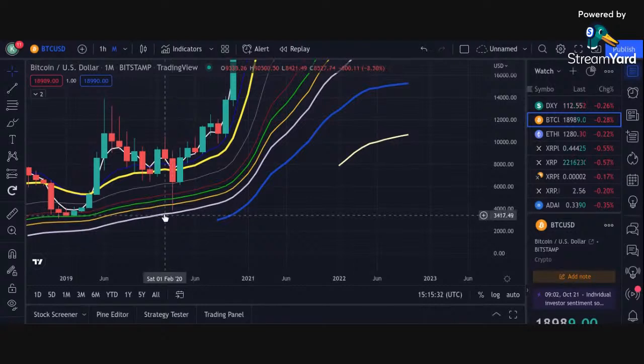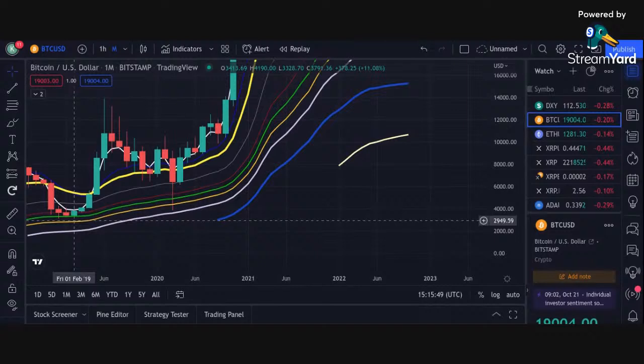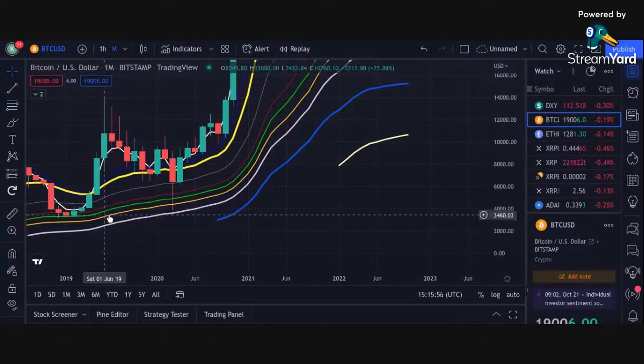This EMA was your historical support. It's a little deeper than previous lows that Bitcoin experienced after this bull run. It had this one and this one that it never had to test. It just maintained strength. But as soon as we lost this one, we went straight through, right?